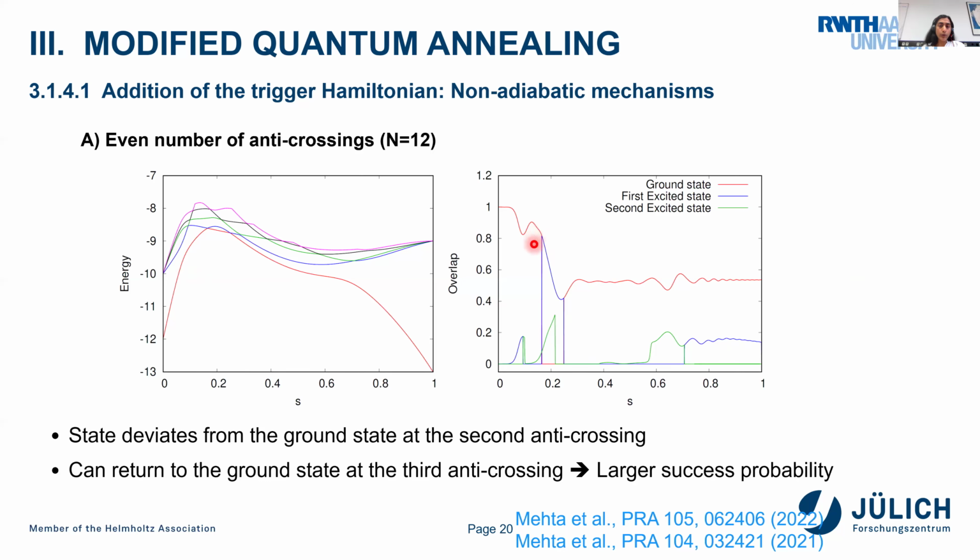And upon reaching the second anti-crossing, almost all the amplitude that is present in the ground state gets transferred to the first excited state, some of which is then lost to higher excited states. However, when we reach the third anti-crossing here, all the amplitude that is present in the first excited state comes back to the ground state, which increases the overlap of the state with the final ground state, thereby resulting in a larger success probability.